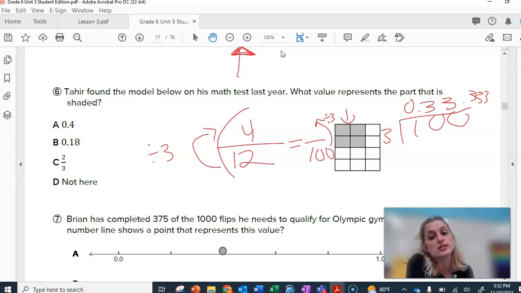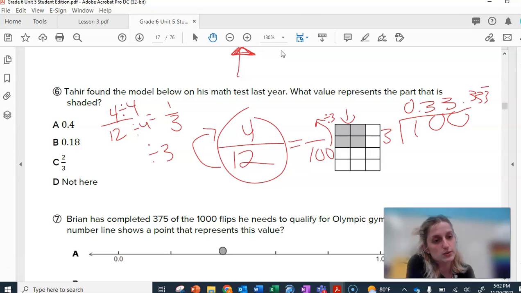Well, another option is to simplify this fraction. You could say 4 twelfths, divide by 4, divide by 4. That's 1/3, which as a decimal is 33.33333 repeating. Percent, which is 33.333 repeating out of 100.